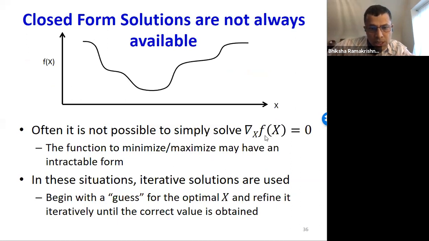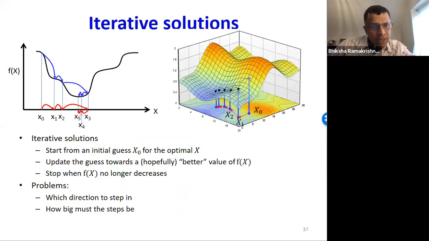So in these situations, we need iterative solutions. We're going to begin with a guess for the optimal x and refine it iteratively till the correct value is obtained. So we will start off with some initial value of x and say, here's where I think the function is a minimum. Then you look around and say, no, the function is not really a minimum, it's decreasing in some direction.